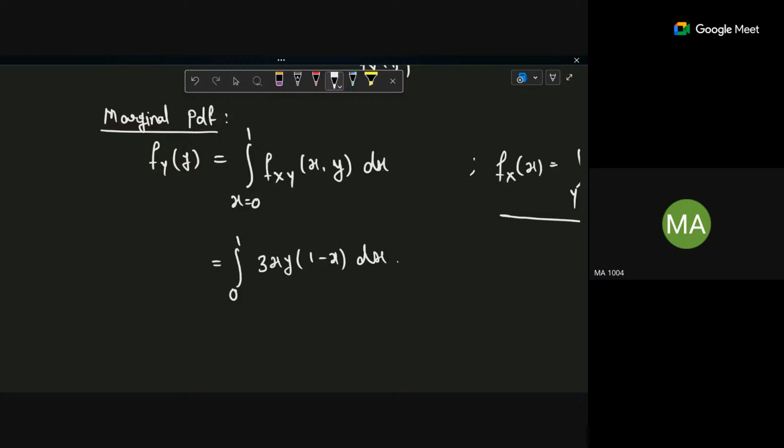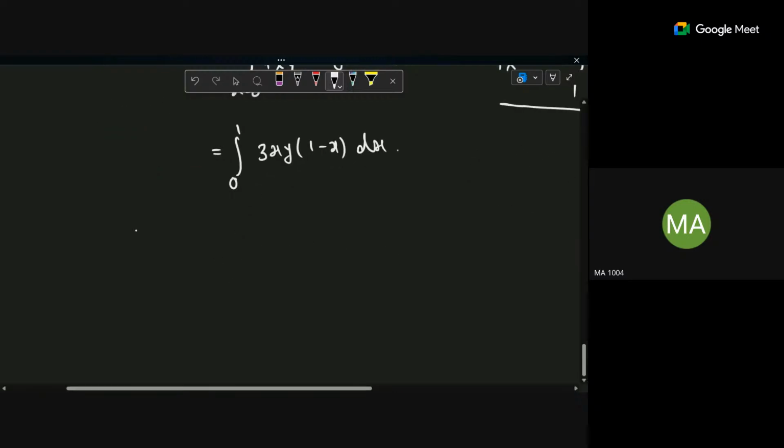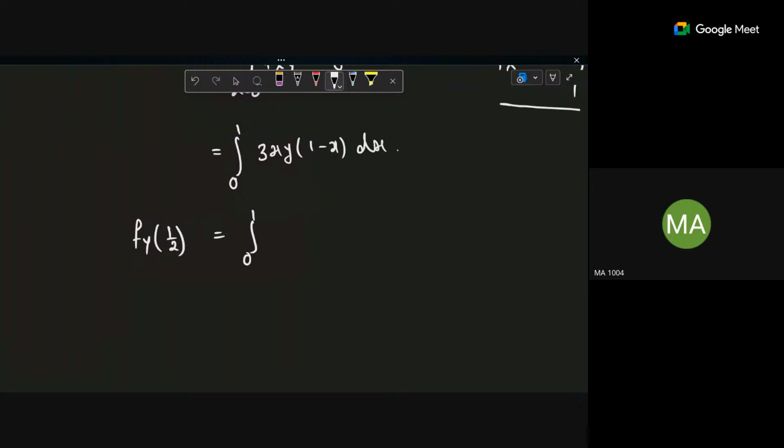If you want to put that 1/2 here, then just mention it, f_Y of 1/2, and apply it. So the integral from 0 to 1 of 3xy(1 minus x) dx. Can you integrate without putting in y equal to 1/2? That becomes complicated, I think.